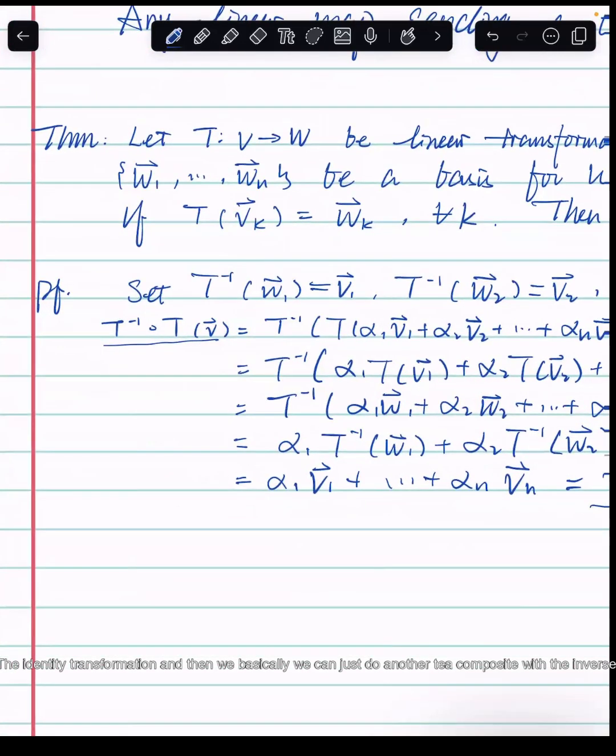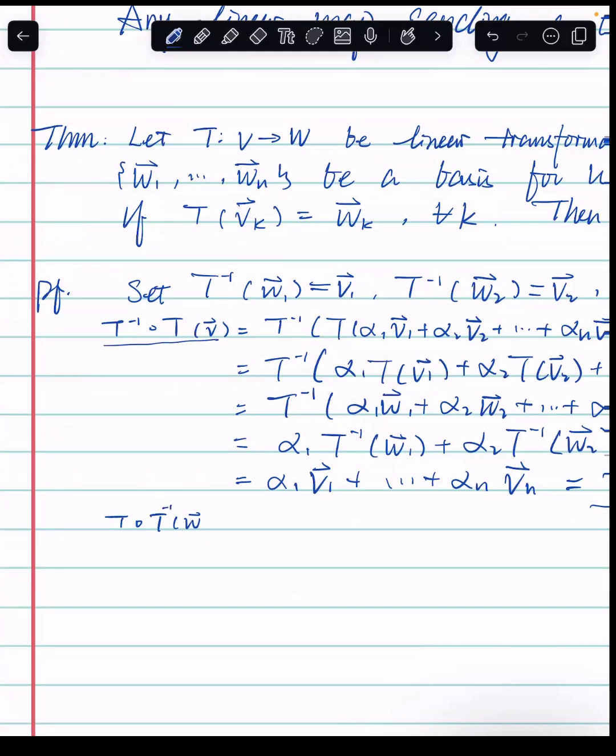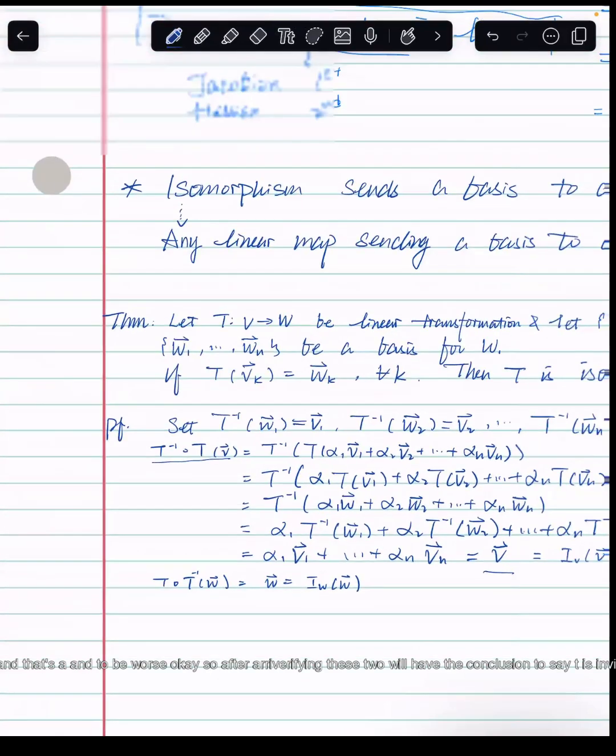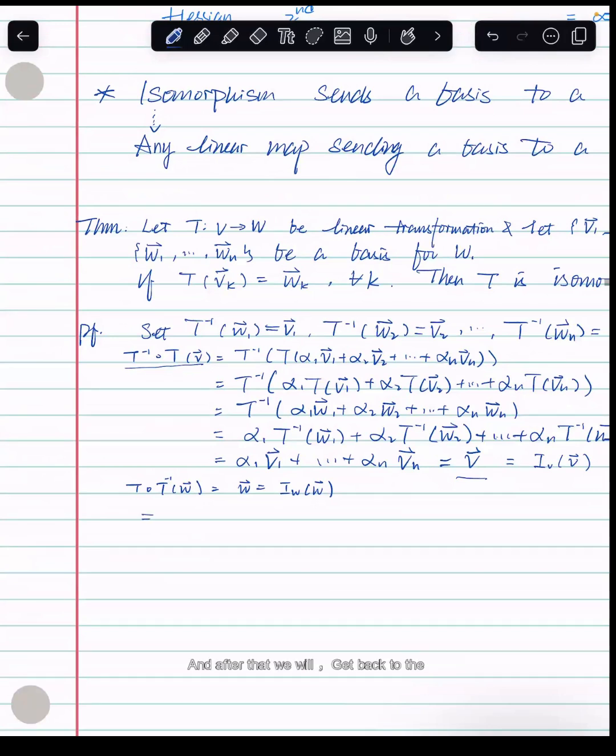Then we can do T composed with T inverse applied to W, and after that we get back W. After verifying these two, we conclude that T is invertible.